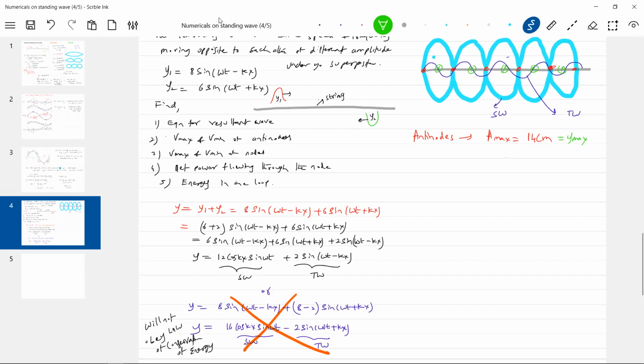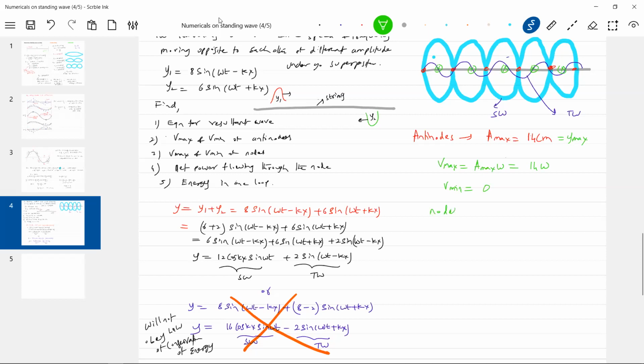Then will there be an antinode at rest? Not possible. Antinode should vibrate. Now as antinode vibrates, what is the maximum speed of the antinode? Should be A max into omega. What is the minimum speed of antinode? When antinode is at rest, at extreme point, it will be at rest, no? So there is a minimum speed.